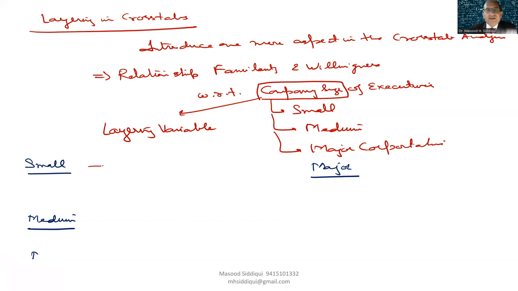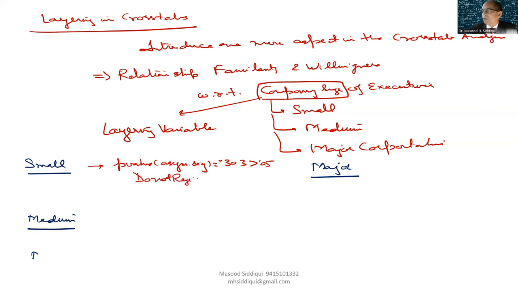For the small, our p-value, that is the asymptotic significance, is 0.303, which is greater than 0.05. So we do not reject H naught, we accept H naught.